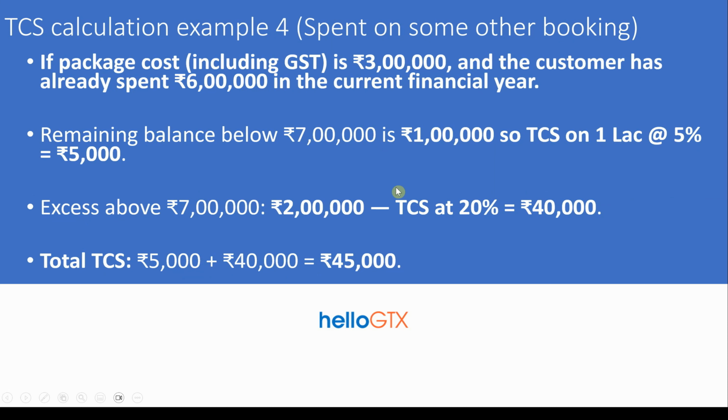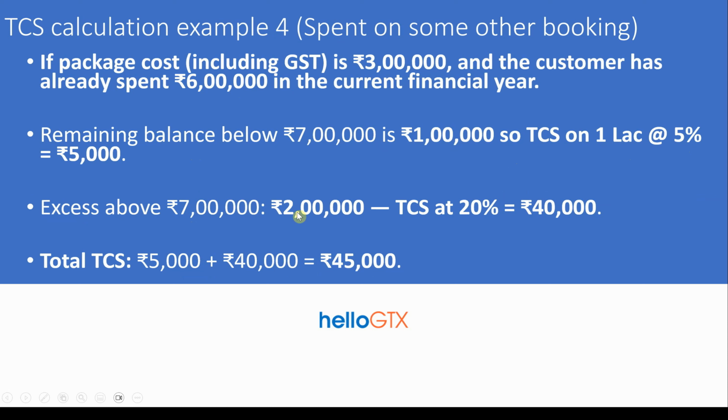Let's take another case where TCS declaration is important for the travel agents. Let's say there is a package cost which is 3 lakh only, and customer has already spent 6 lakh in the current financial year. So remaining balance below 7 lakh is 1 lakh. That is 7 lakh minus 6 lakh. So TCS on 1 lakh is 5%.